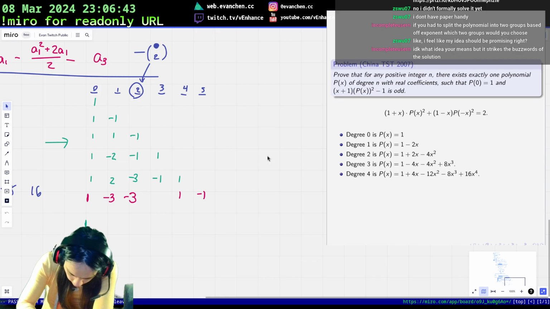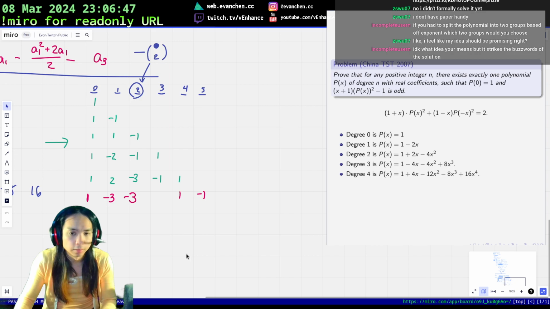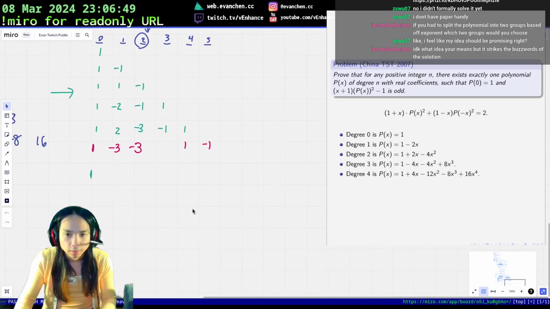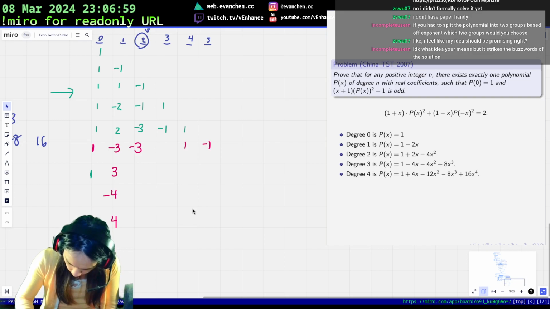If I imagine extending this downwards, what happens? If I believe that these are doing what I want them to, this should be 3, this should be -4, 4, and then this is -6, -6, -10, -10, 5.